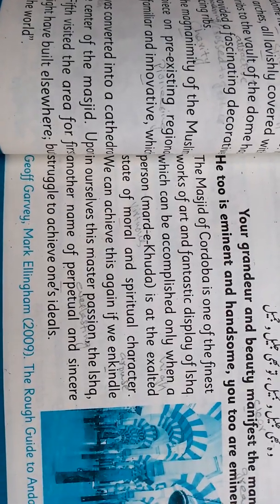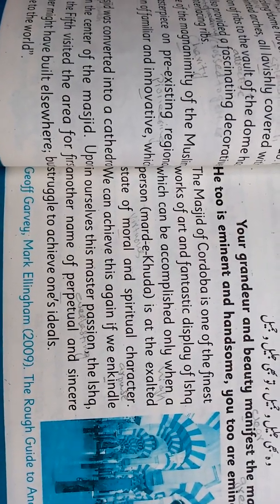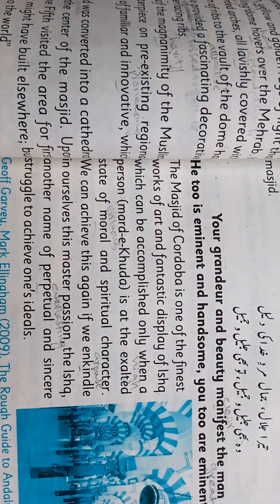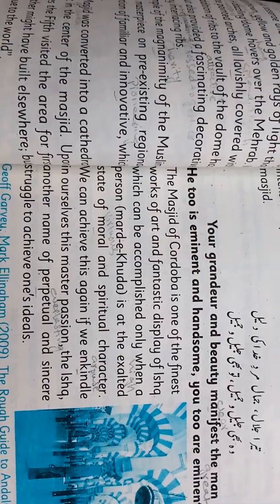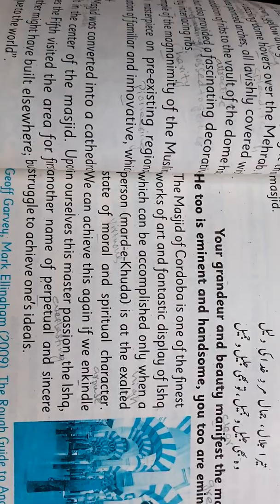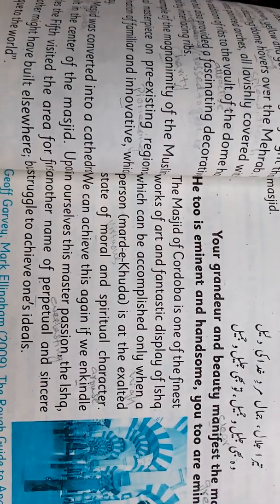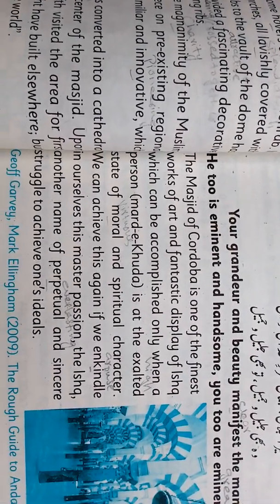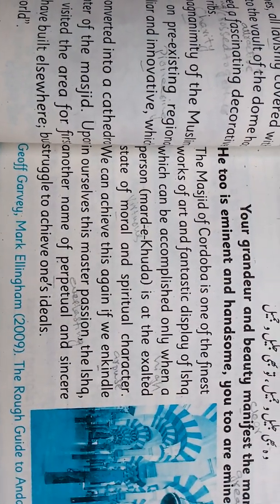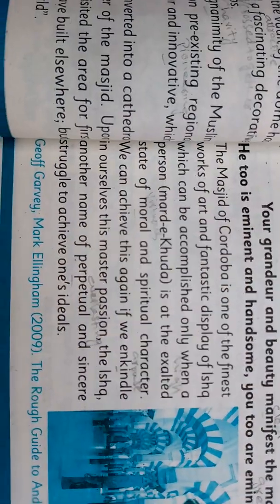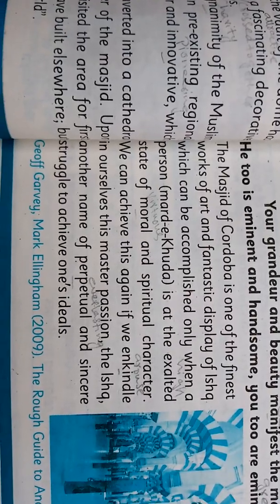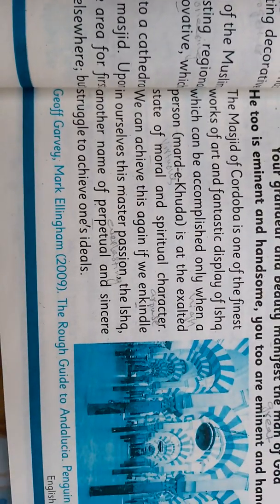Such a fantastic work of art can be accomplished only when a Mard Khuda, a true and faithful believer, is at the highest state of virtuous and spiritual character. So we can achieve this again if we arouse in ourselves this master passion, the ishq, another name of the everlasting and sincere struggle to achieve one's ideals.